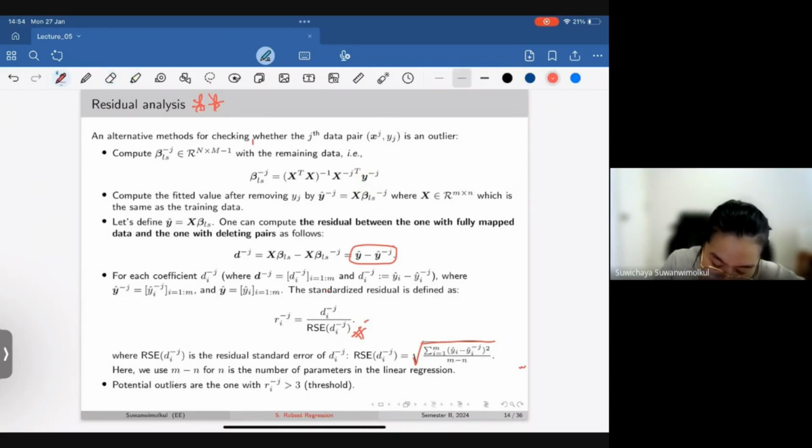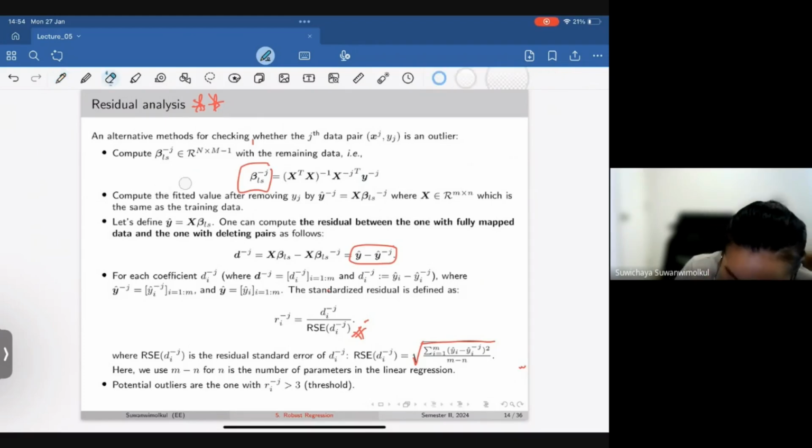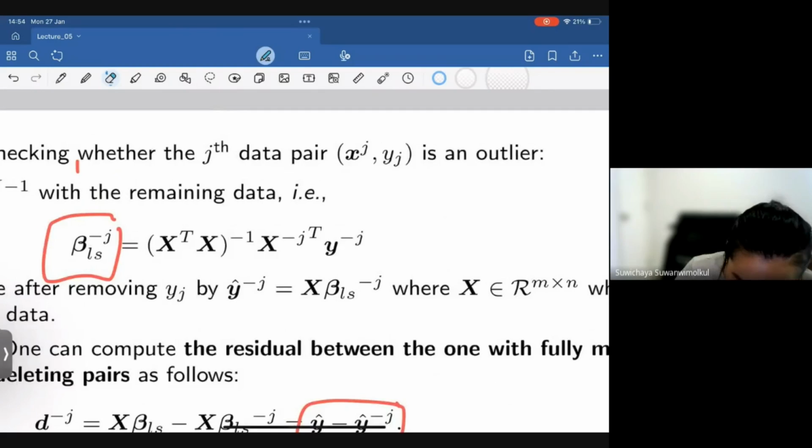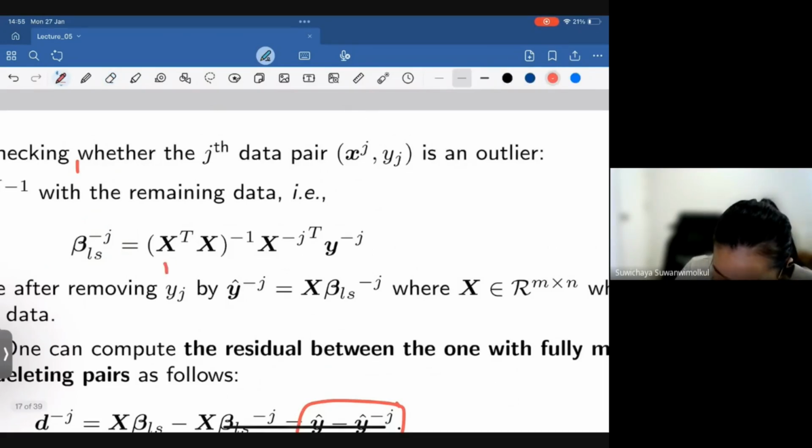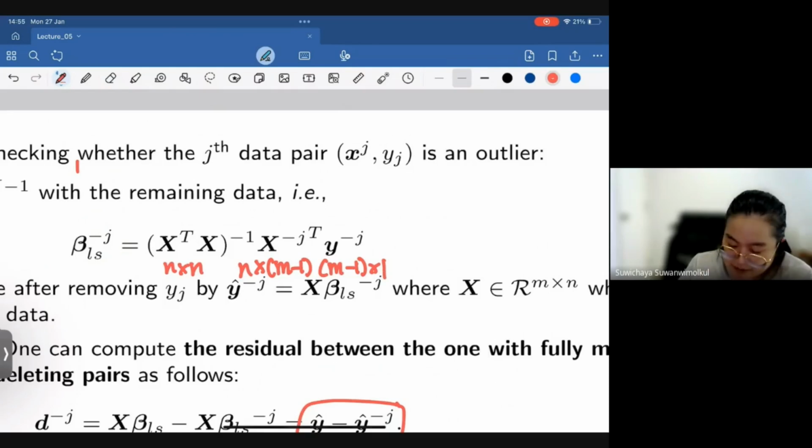If you think about beta ls, it would look like this. Sorry, I'll make a better space. If you know that beta j is like this, you have n times n here, n times m here, but this one is m minus 1, and this is m minus 1 times 1, something like this.